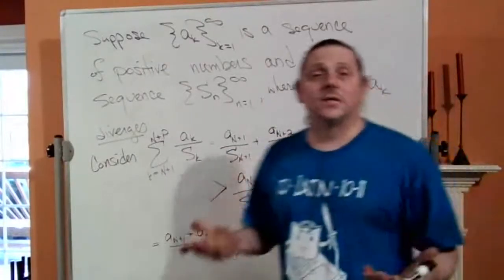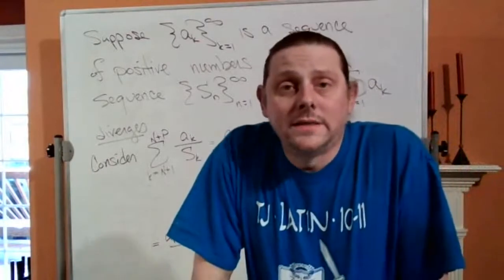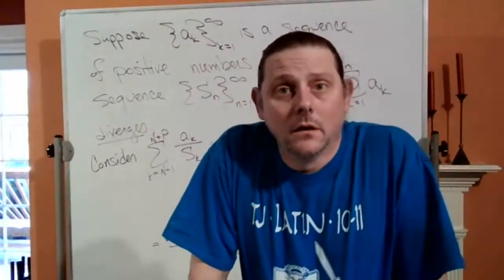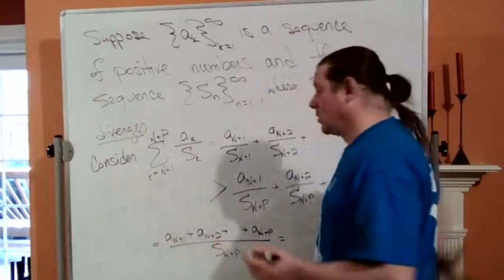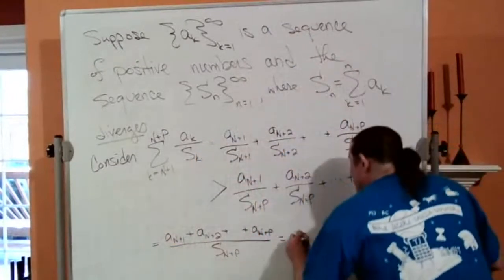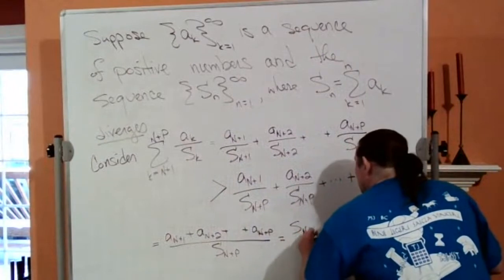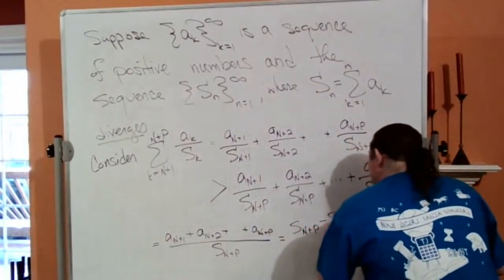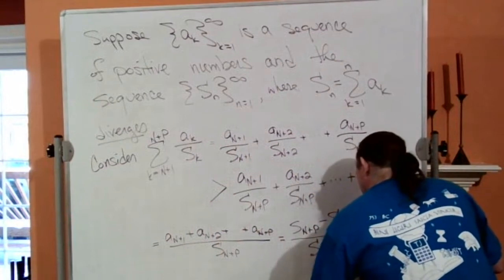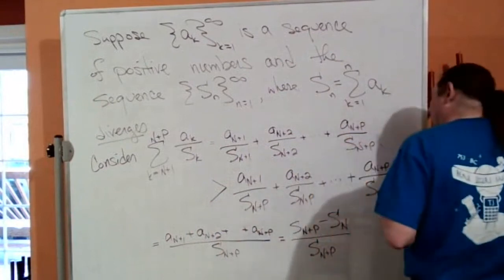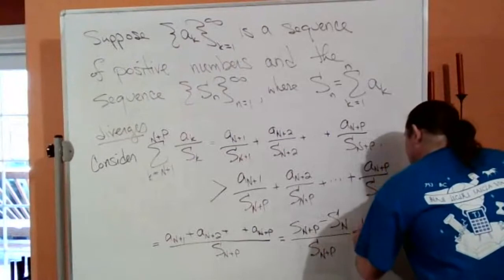So the terms that I don't have are from 1 to n. And of course, that's just Sn. So this numerator is just Sn plus p minus Sn, divided by Sn plus p.